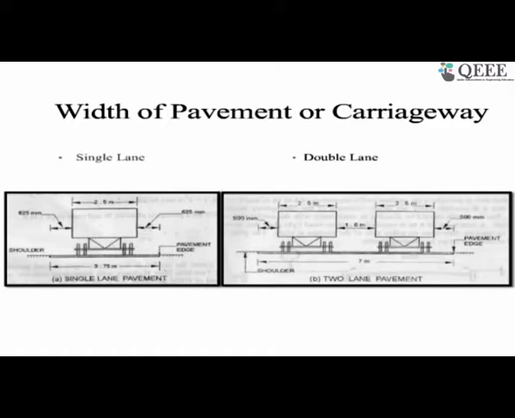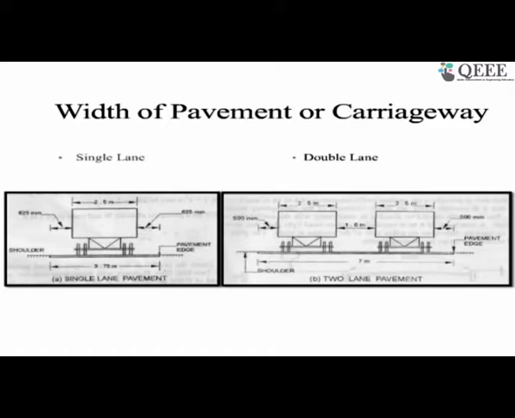When it comes to two lanes, you are expecting that there are two vehicles going next to each other. The vehicle width is again 2.5 meter for each, and then you need some clearance between the two vehicles, which is 1 meter, and on either edge side up to 0.5 meter is considered.